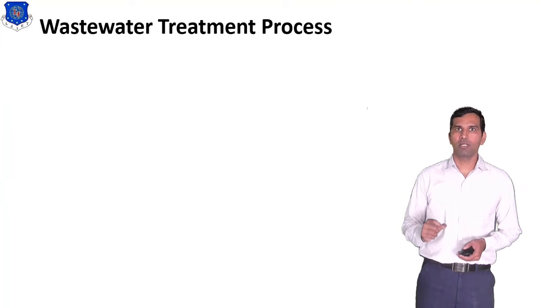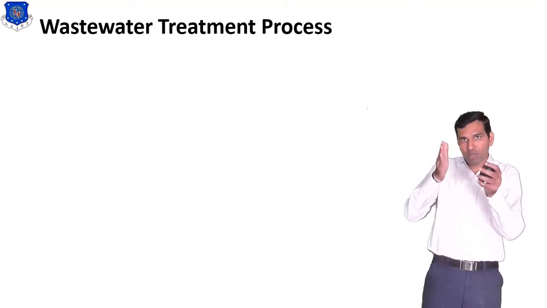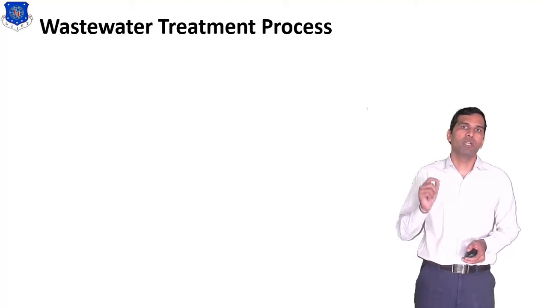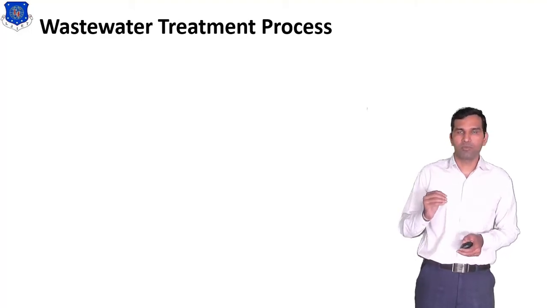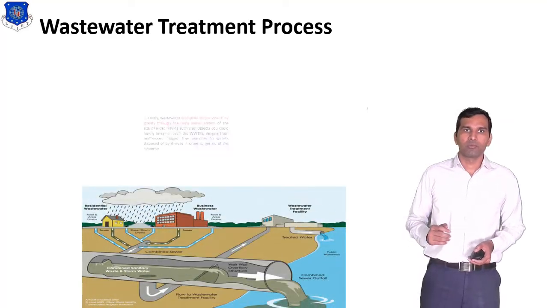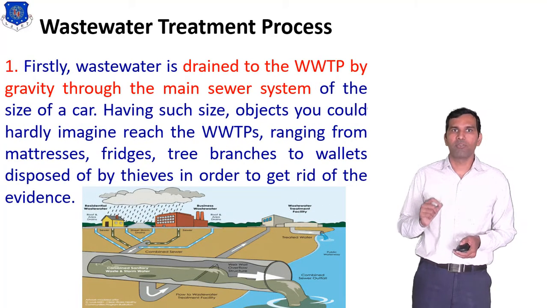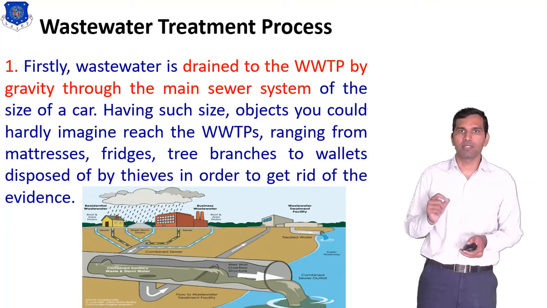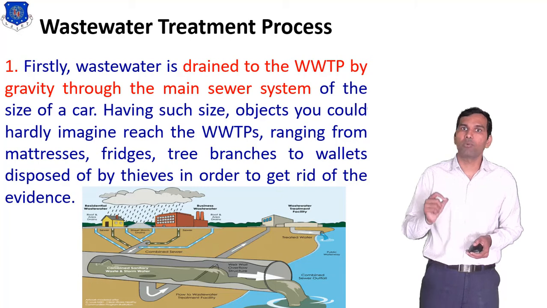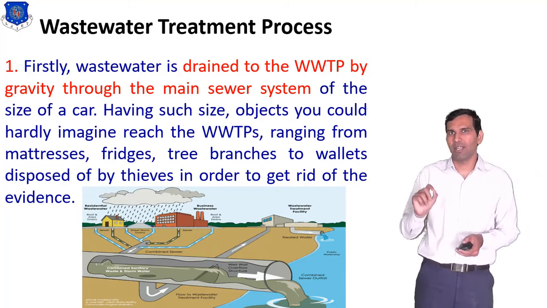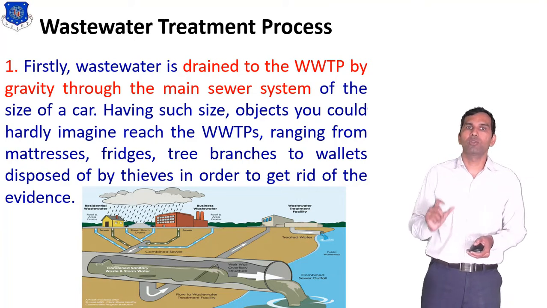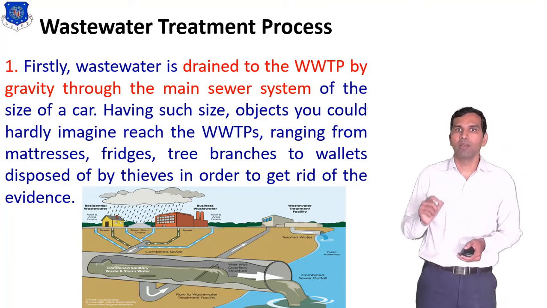First we understood what wastewater is, and then we discussed its types. Now, the wastewater treatment process. The process is mainly divided into 10 steps. So we discuss how this process is done. The first step is that wastewater is drained to the WWTP, the wastewater treatment plant, by gravity through the main sewage system.